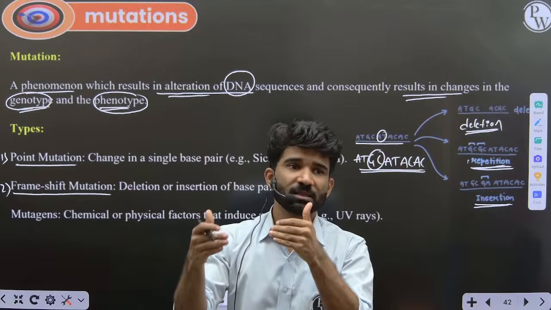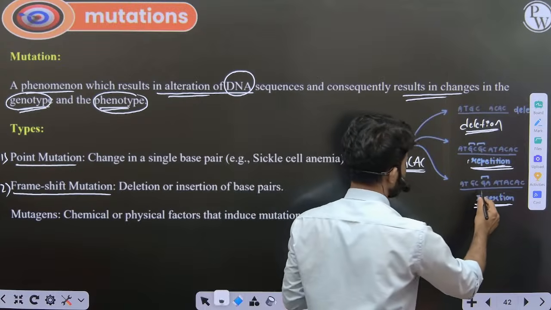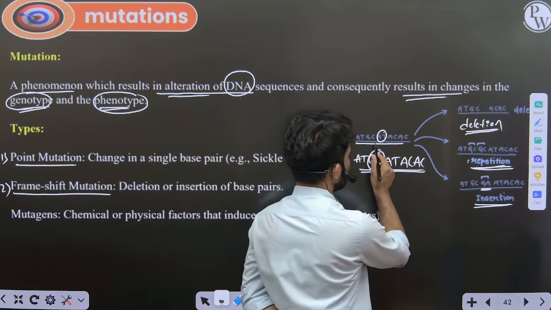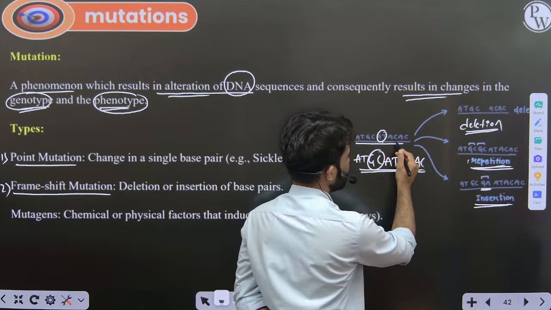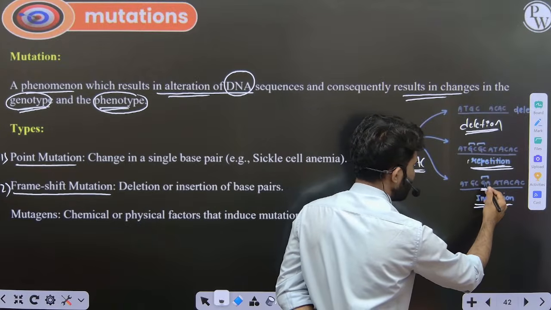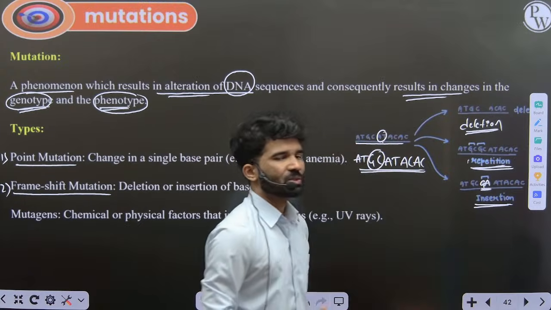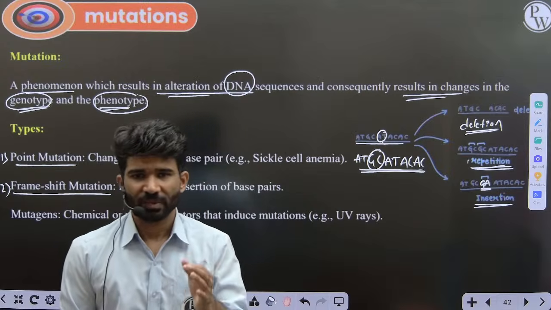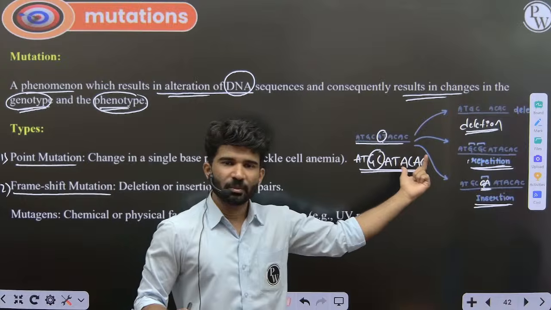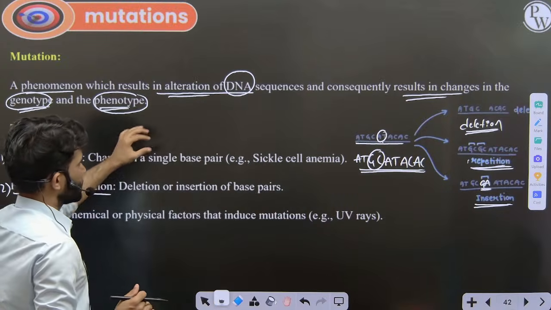That means some other segment has been inserted into a normal DNA segment, where the normal segment is ATGC, AC and AC, and along with ATGC, GA has been inserted. So mutations occur due to deletion, repetition or insertion, which alters the DNA sequences.